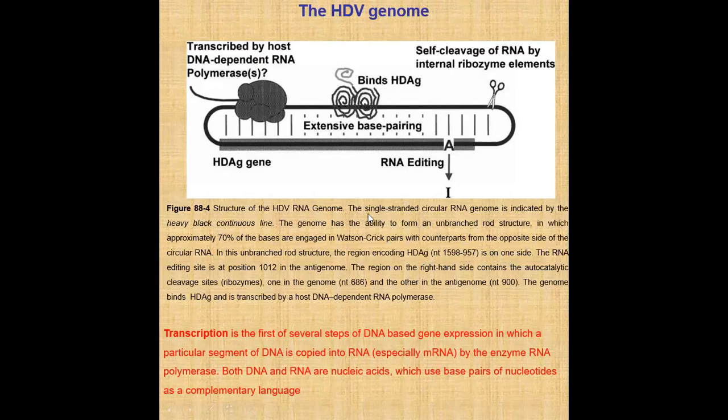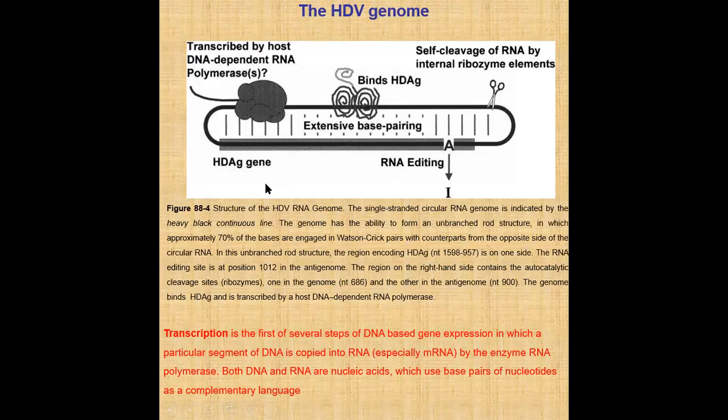The RNA editing site is at position 1012, in an antigenome. This is transcribed by the host DNA dependent RNA polymerase, which binds with this hepatitis D antigen, and then cleavage forms, and the extensive phase of pairing and RNA editing is carried out.